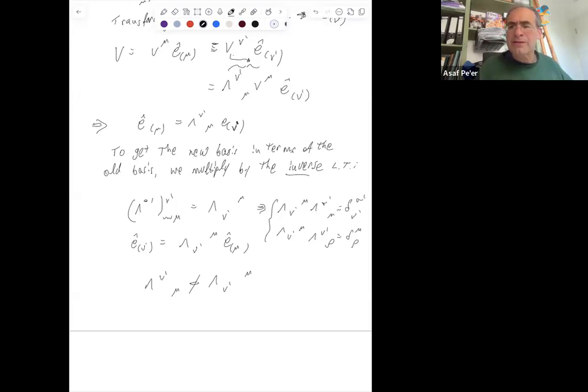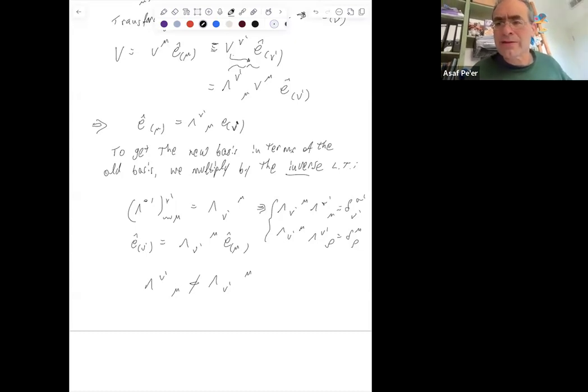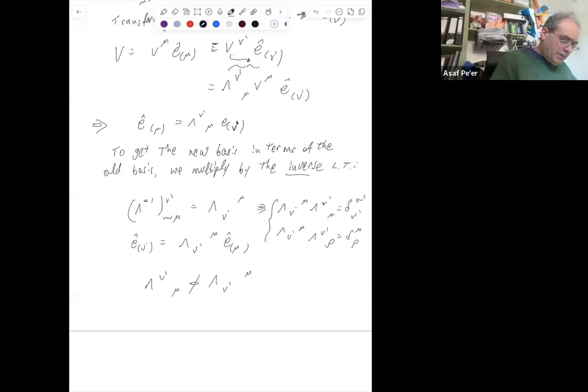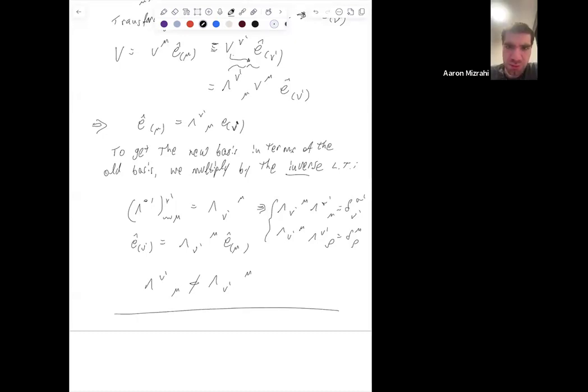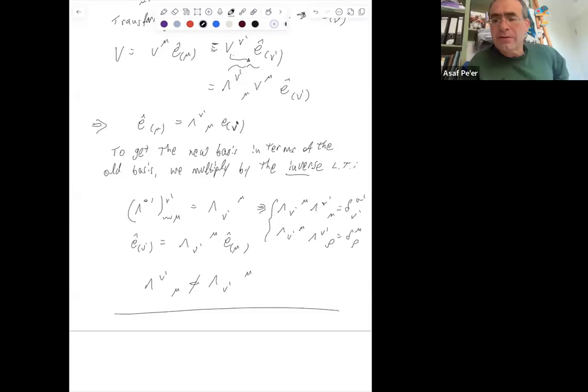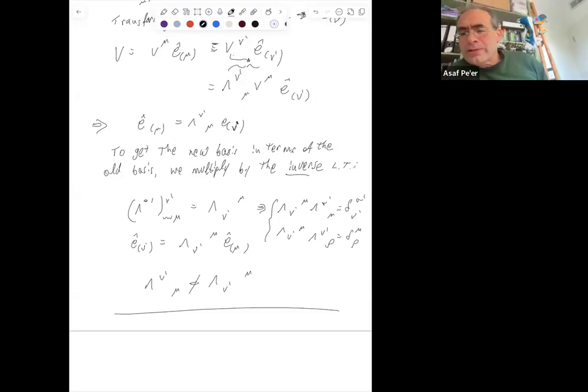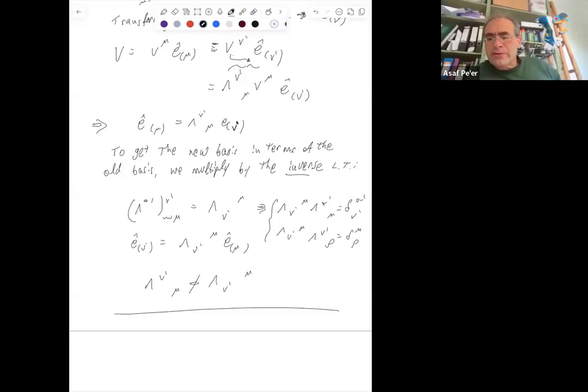I promised you we'd have an answer to that, and now we have one. Don't worry, every promise I give you will be fulfilled. What is exactly opposite here? The transformation. We're using the opposite transformation law, the opposite Lorentz transformation.